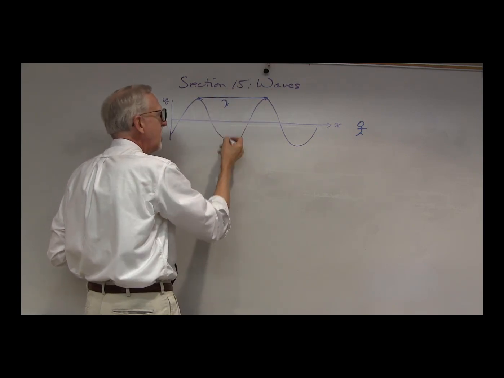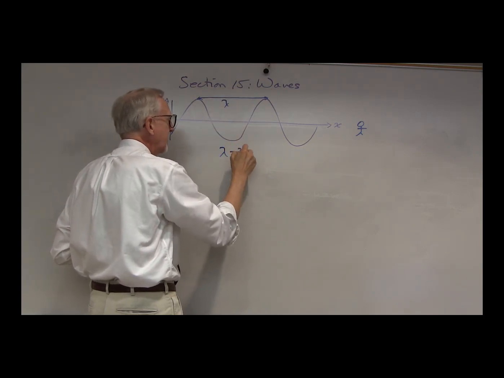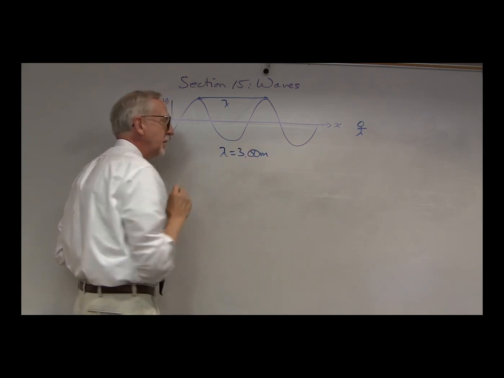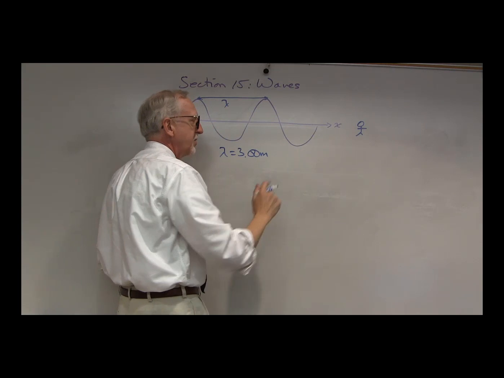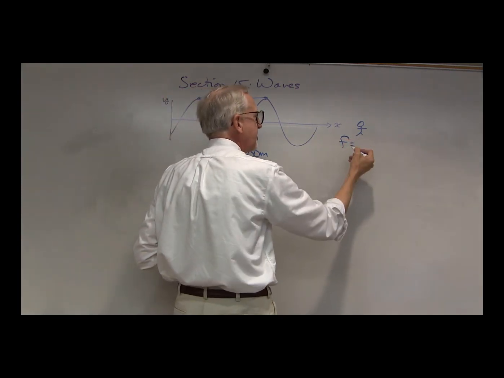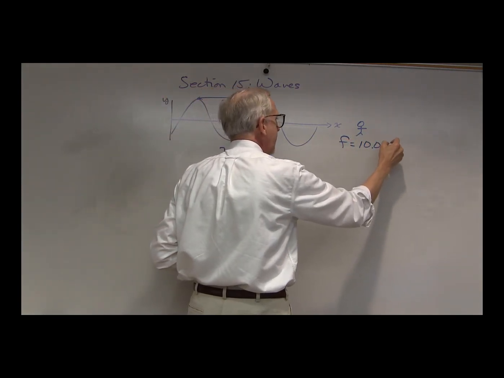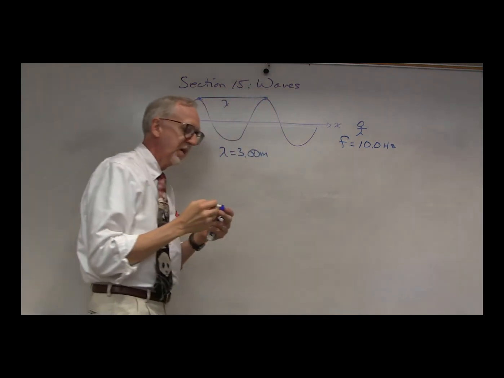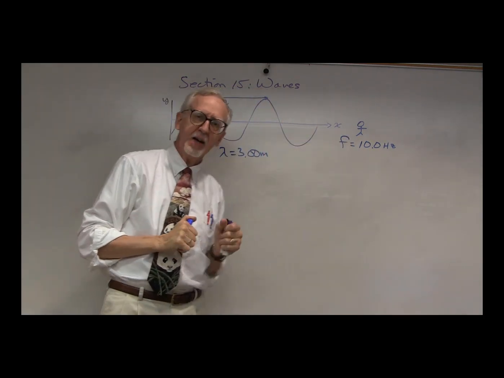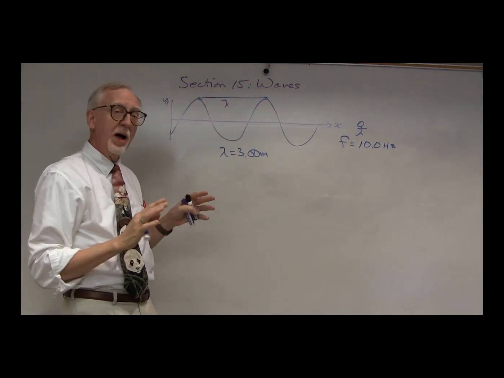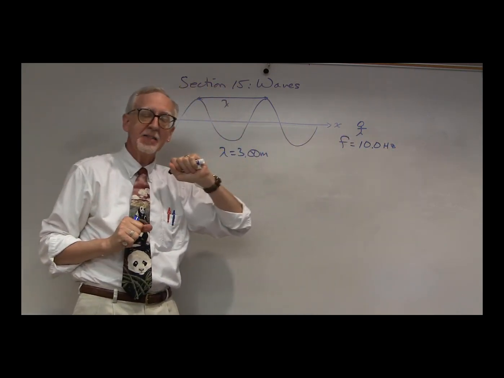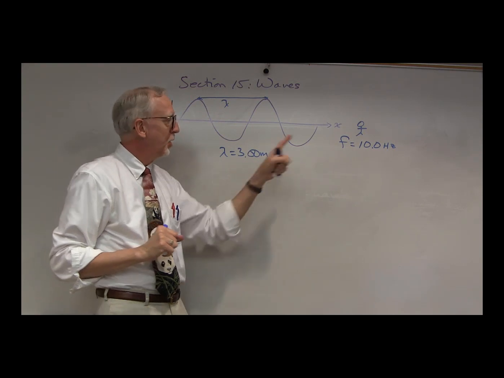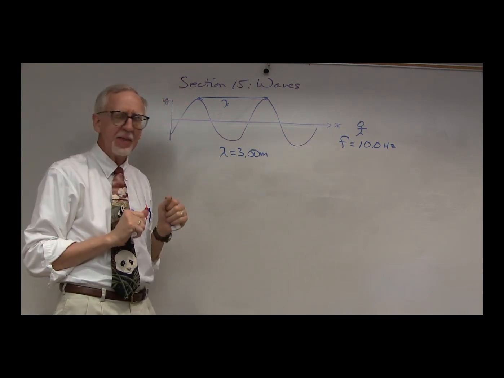And let's imagine that for our wave here, we have a wavelength of, let's say, 3 meters. Over here, as we watch these waves pass by, let's imagine that we measure a frequency of 10 hertz. In other words, 10 waves pass us per second. Well, how much wave will have passed us in 1 second with these numbers? Let's think about that.